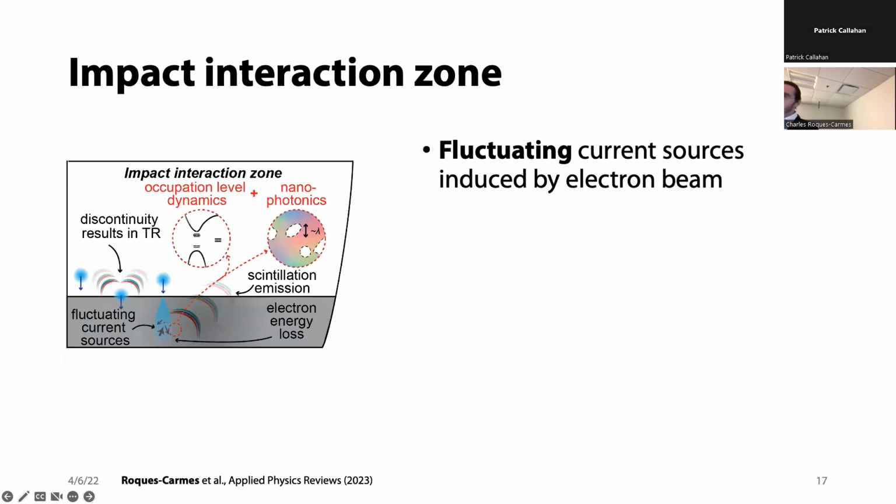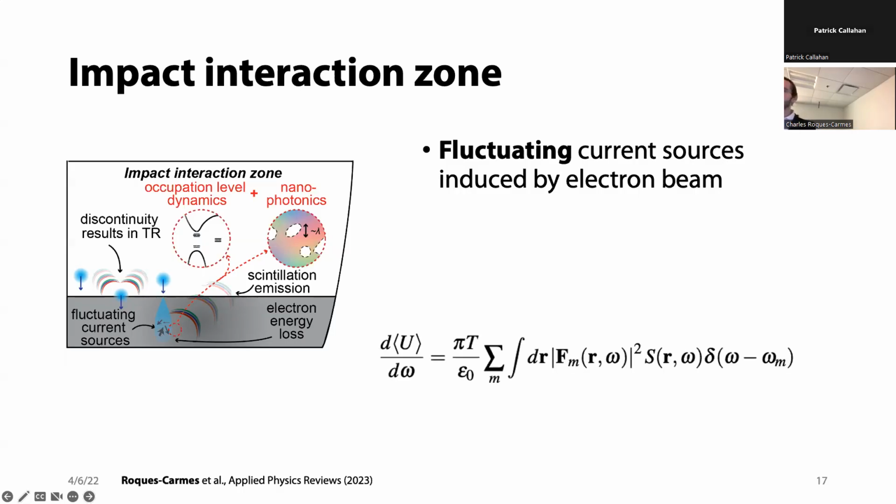The picture is quite different when we look at the impact interaction zone, and I will mostly talk about what happens in terms of incoherent cathodoluminescence or scintillation. So there, again, we have those fluctuating current sources, and we can still use this Green's function mode expansion to calculate the amount of radiation.